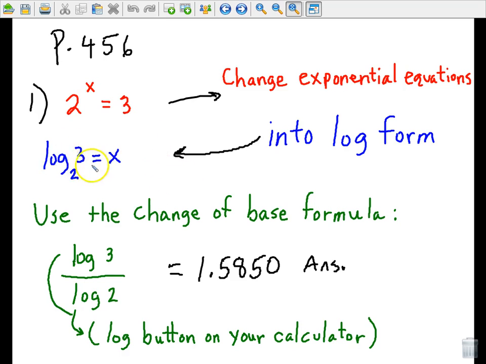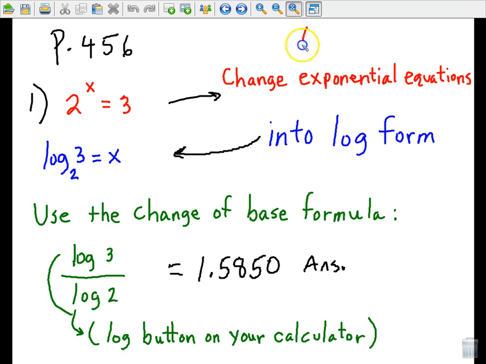Now that we're in this log equation form, hopefully you understand how we got from red to blue. Now you're going to use your calculator, and we're going to use what is known as the change of base formula, which is pretty simple. You need to find the log button on your calculator, and you're going to end up pressing it twice. You're going to do log and then the top number, which is 3.